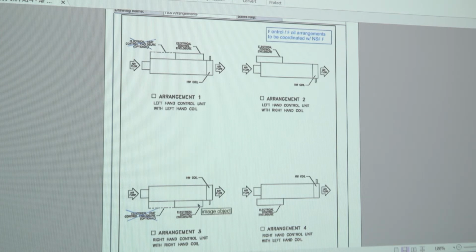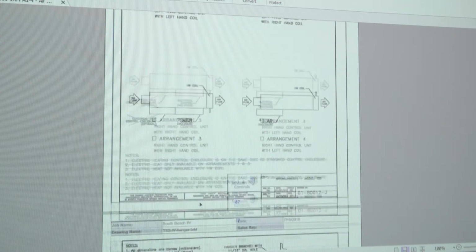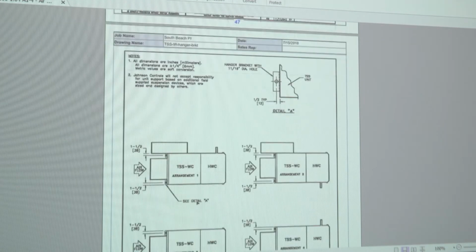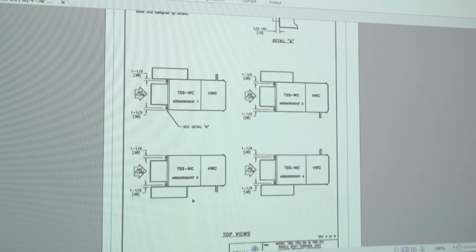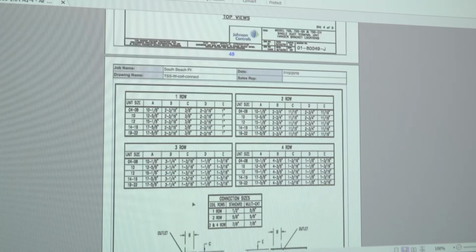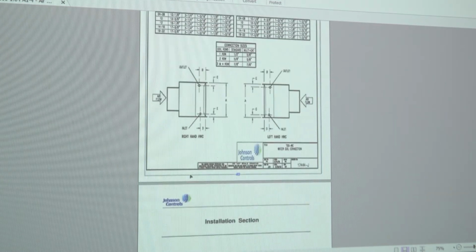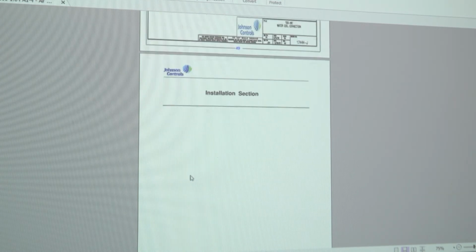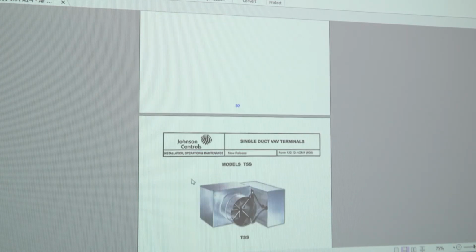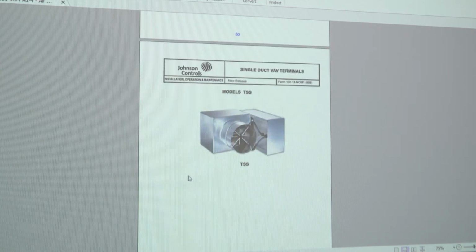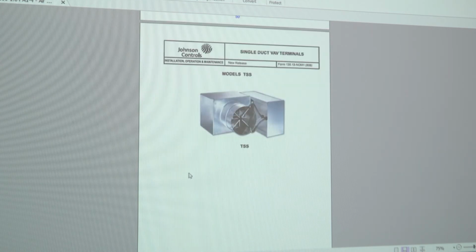The units will be accessible to work on to the best of our ability. These are just some dimensional schedules. Again, the Model TSS VAV box.